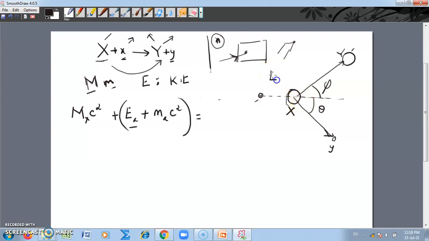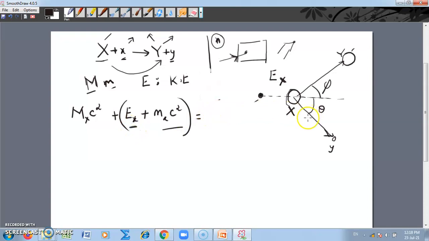So we don't have an E_X term here, because E with the suffix capital X would denote the kinetic energy of the body X, that is the nucleus X. So we don't have an E_X here, we have an E small x. E small x is the kinetic energy of this particle, and this particle will also have a rest energy m_x c square.